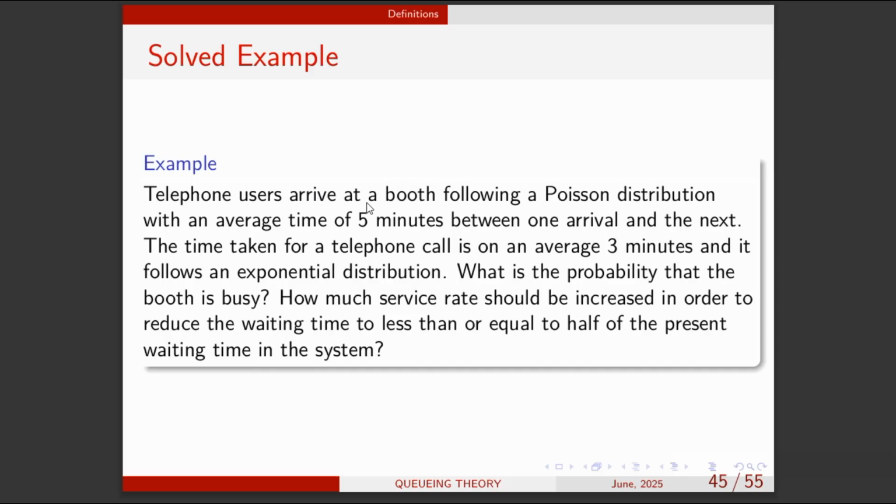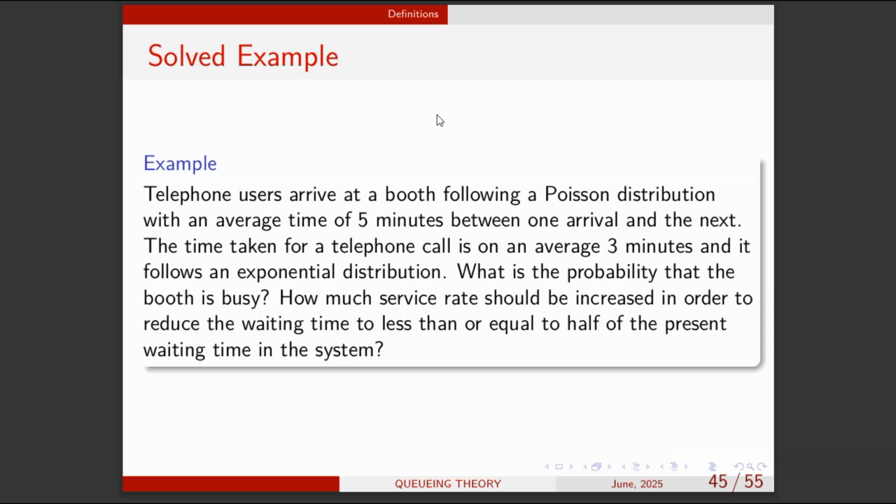Telephone users arrive at a booth following a Poisson distribution with an average time of 5 minutes between one arrival and the next. That should tell you that this is the inter-arrival time, the average time between one arrival and the next. This is not the arrival rate, but the inter-arrival time.